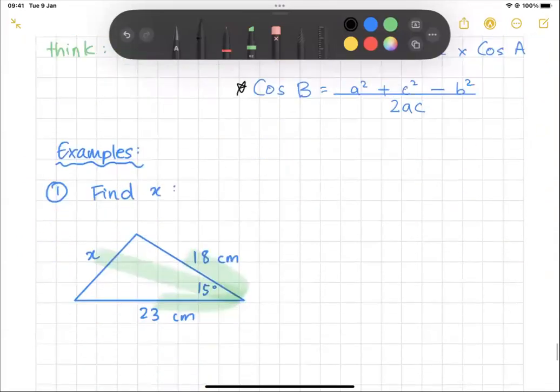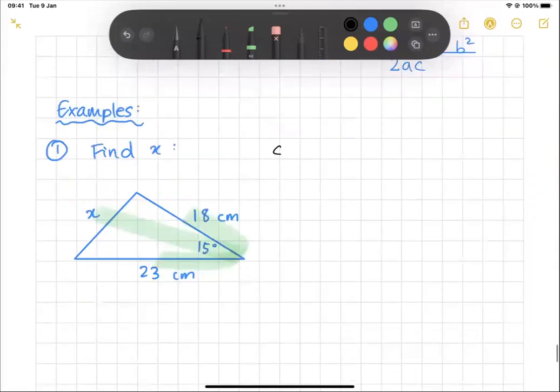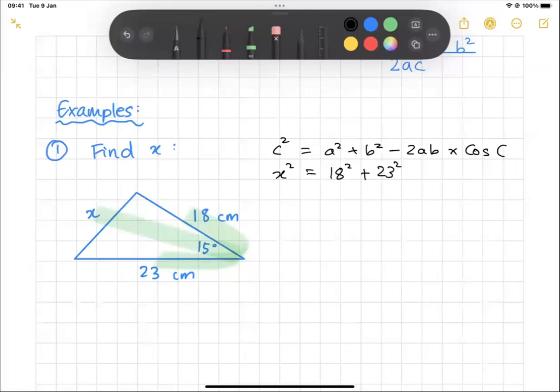But because it is not labeled, I can just use the general formula, which is c squared equals a squared plus b squared minus 2ab times cos C. Then I'll just substitute. What am I trying to find? x. So x squared equals a squared, which is 18, plus 23 squared, minus 2 times 18 times 23 times cos. My unknown side is x.